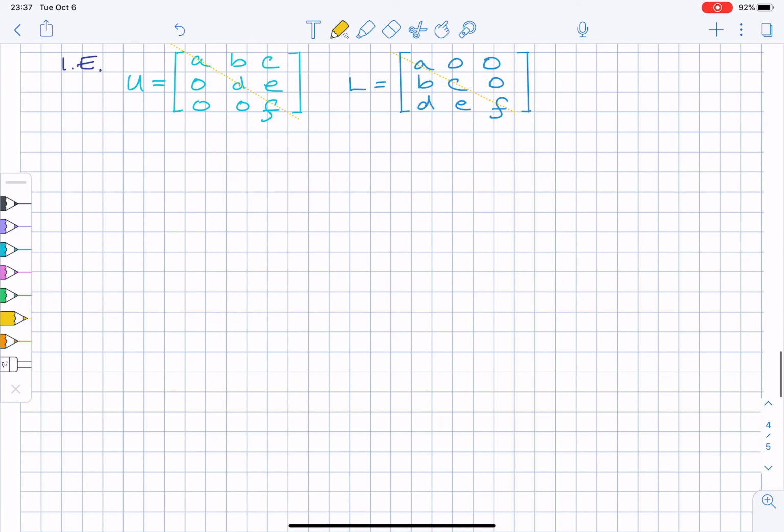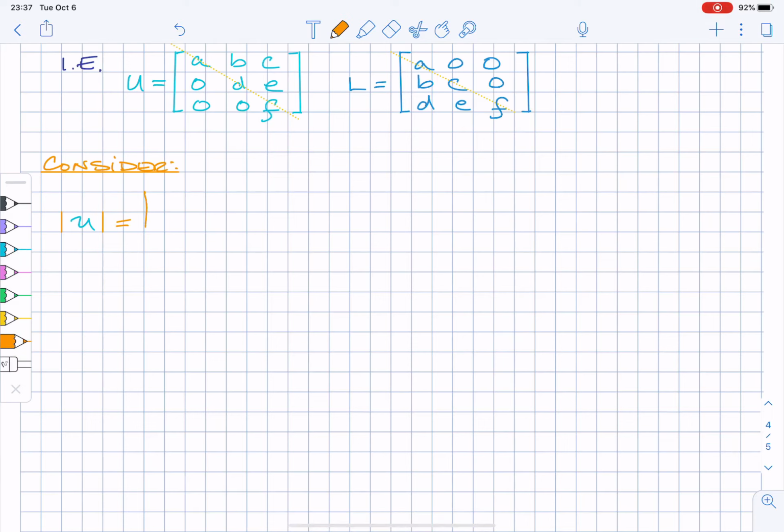Okay, so let's consider these then. Let's do the determinant of U as defined above there.